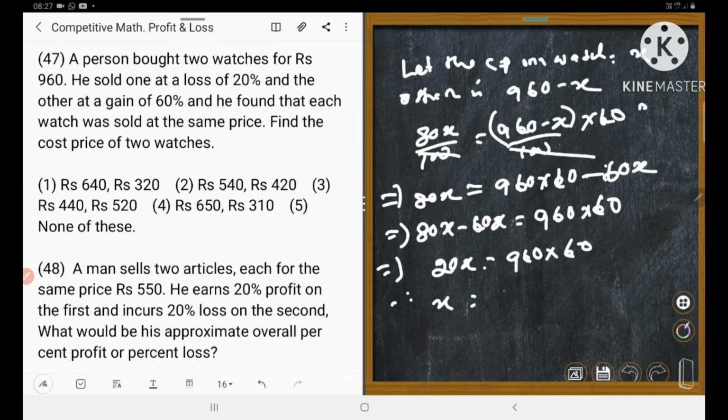Therefore x is equal to 960 into 60 upon 20. We made a mistake somewhere.